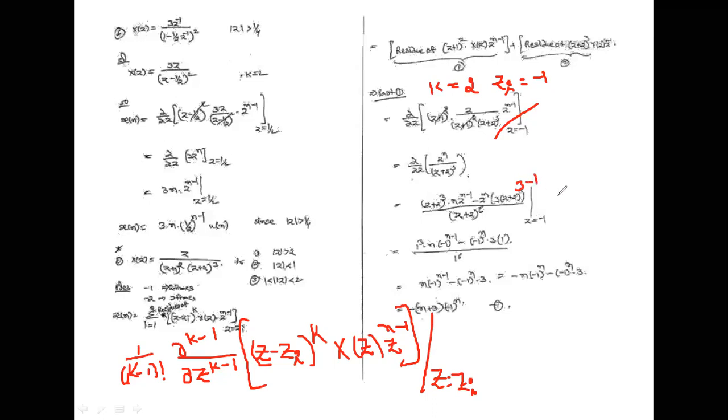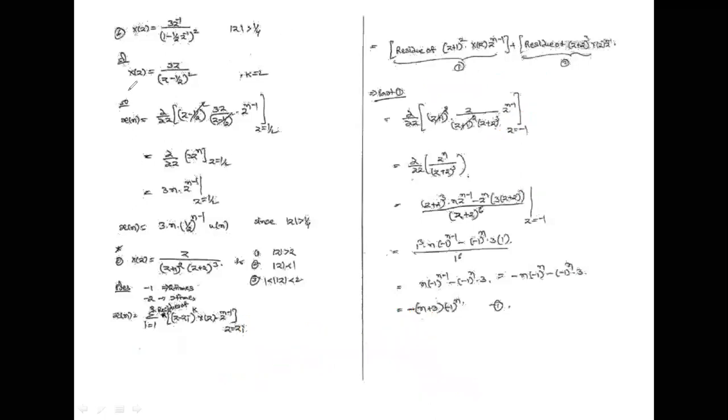Here 3 minus 1 is nothing but a square, so (z plus 2) whole square. Got it? So I am taking dou by dou z of z power n divided by (z plus 2) whole cube.